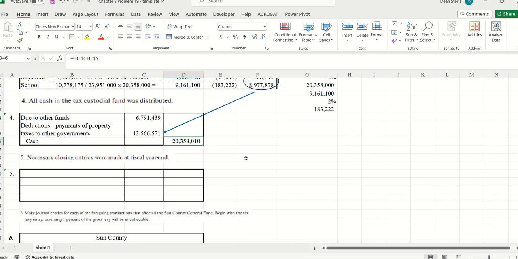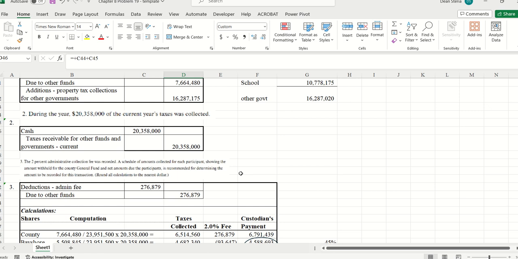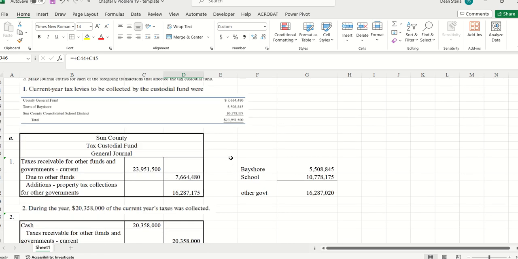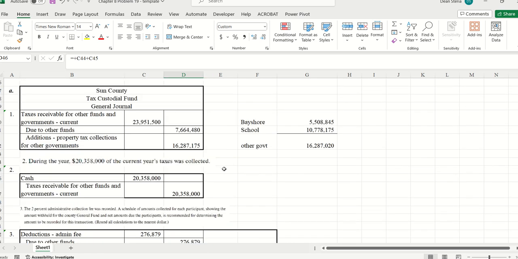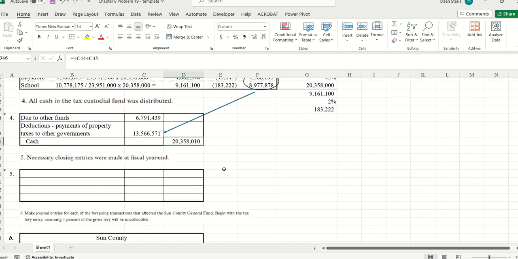Necessary closing entries. What you're going to have to do is just go back and look at the non-permanent accounts and close out the accounts.